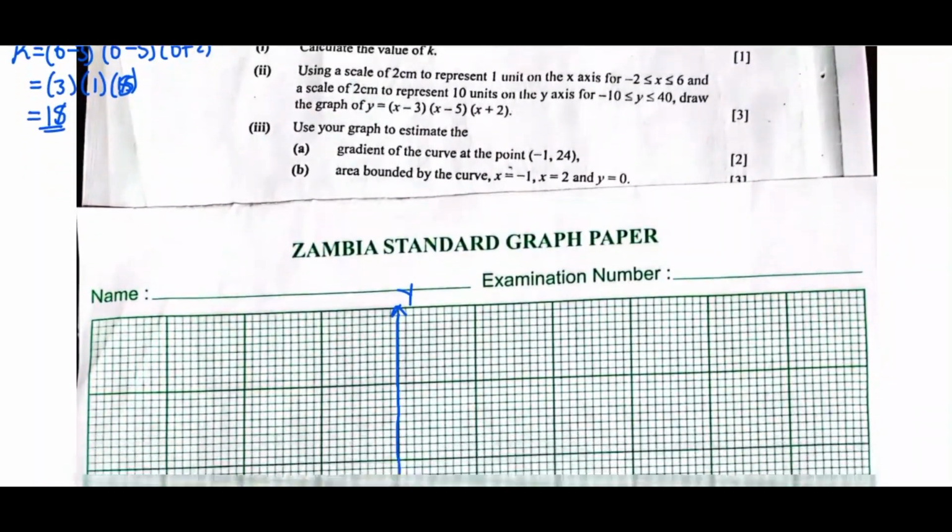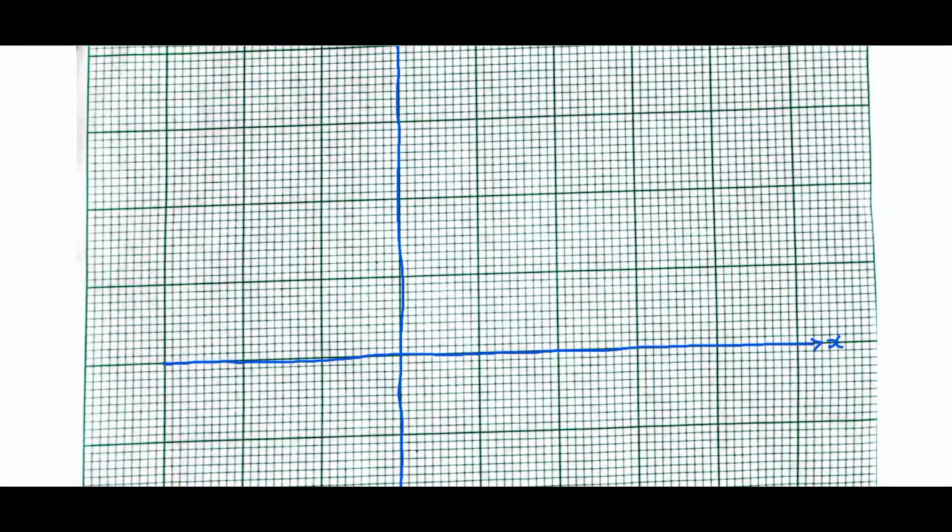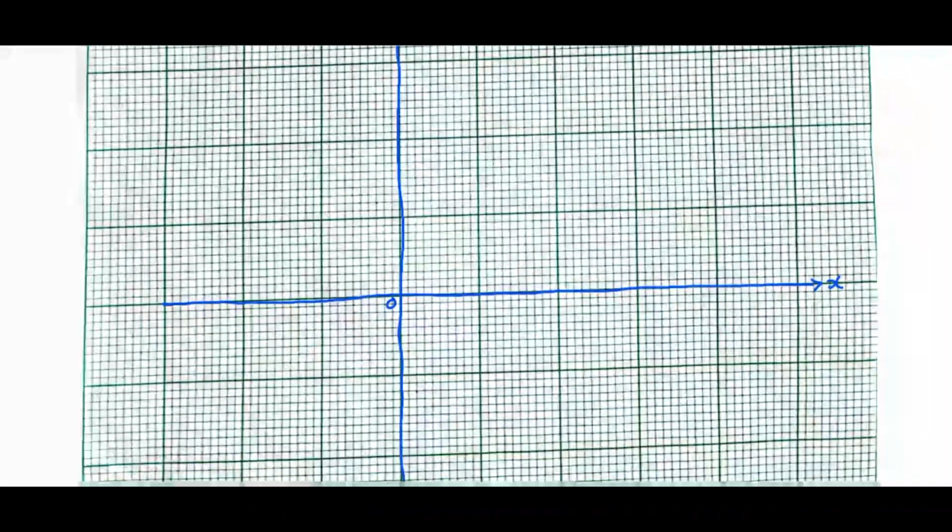Let's look at the range. For x it is -2 to +6, and we know 2 centimeters represent 1. So this is 1, then here 2, 3, 4, 5.